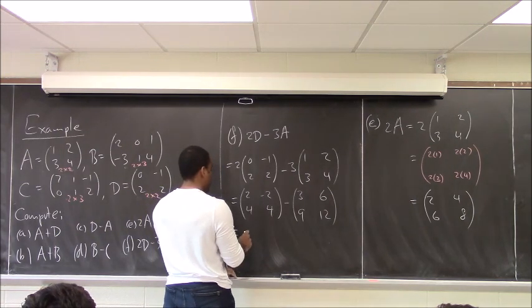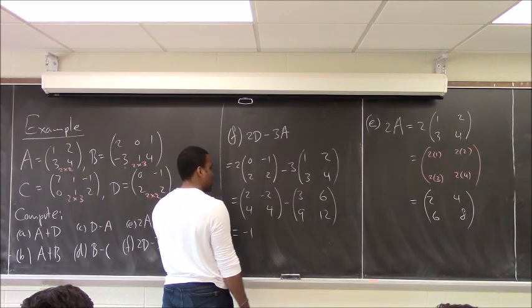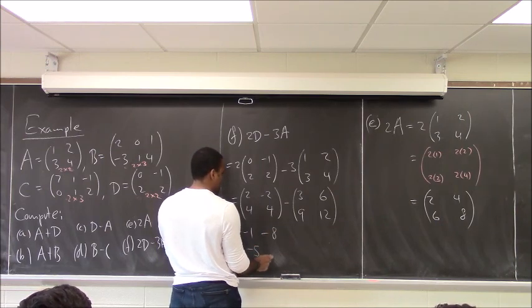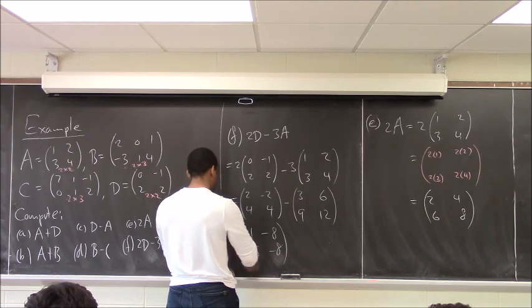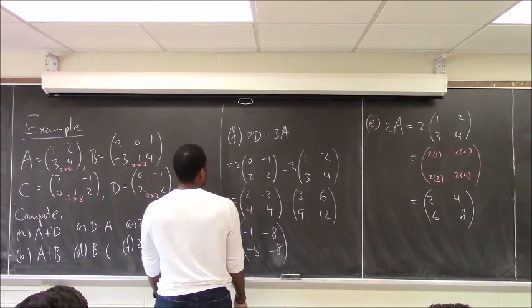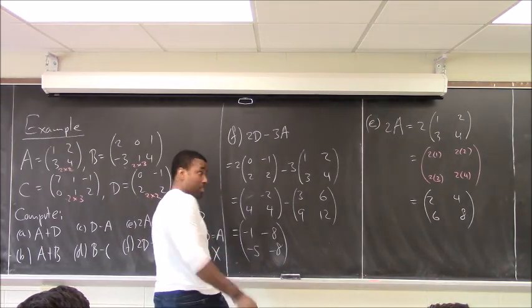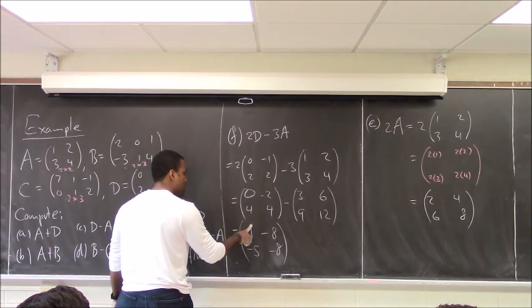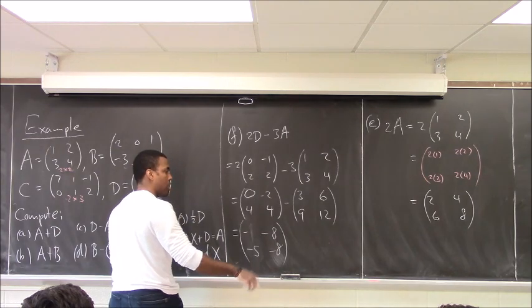And so this is going to be 2 minus 3, a minus 1, minus 2 minus 6 is a minus 8, 4 minus 9 is a minus 5, 4 minus 12 is a minus 8. 2 times 0 would be 0.